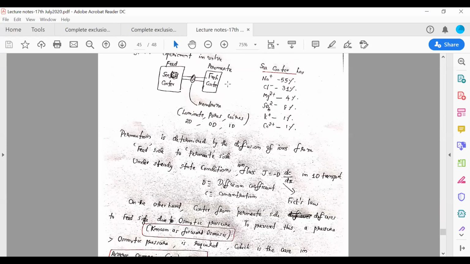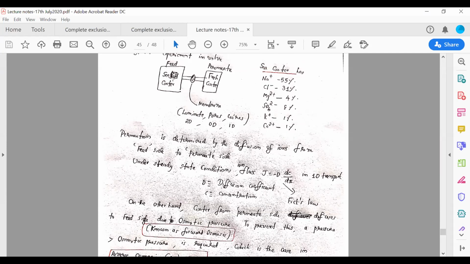This diffusion process actually gives you the permeation at the other side. So one can monitor the salt concentration on this side, the permeate side. If there are no salt ions permeating through this, then that means you have achieved desalination through the membrane.